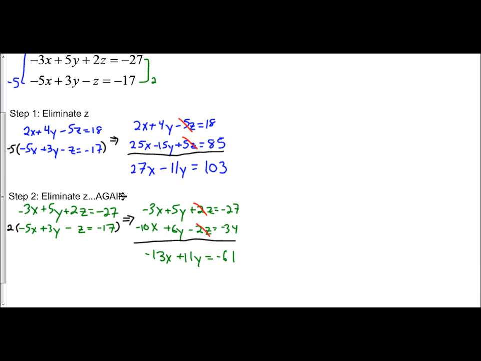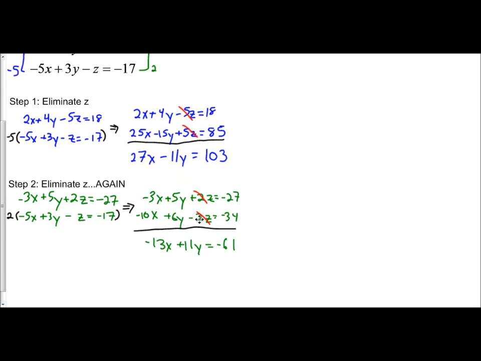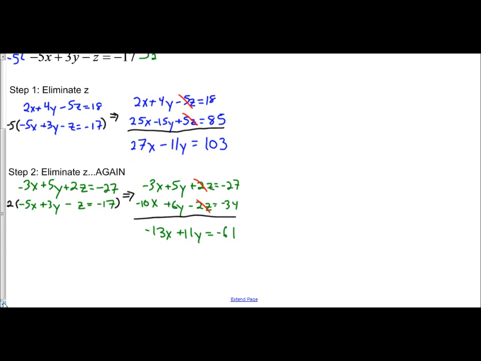So step 3 is to match up these two new equations and eliminate one of those variables. So if I take a look, which one am I going to eliminate? 27x, negative 13x. Well, you're going to have to multiply that top equation by 13 and that bottom equation by 27 to eliminate the x. That's large numbers, a little more difficult. But if I look at my y, I see I have negative 11y, positive 11y. They're already opposites. So I'm just going to leave them as is, and I'm going to match them together to create a new system.